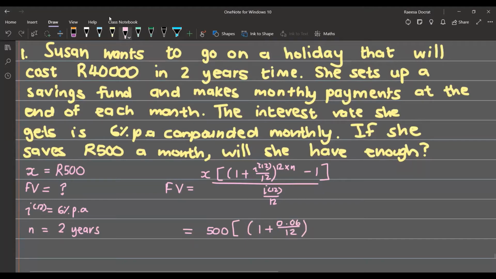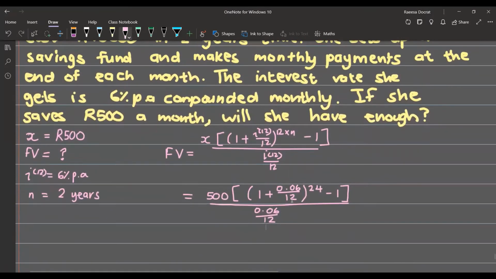And 2 times 12 is 24. For those previous sections of financial math, you have to keep that in mind. The notation is the same, just the formula that we're using is a bit different. Okay, so that is what we have. Then what we're going to do is type this into the calculator as is. You don't have to do anything fancy.